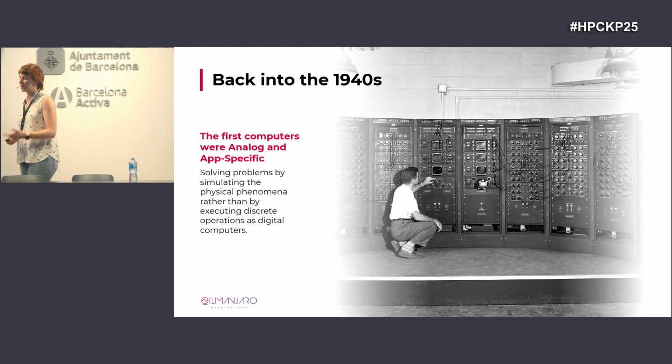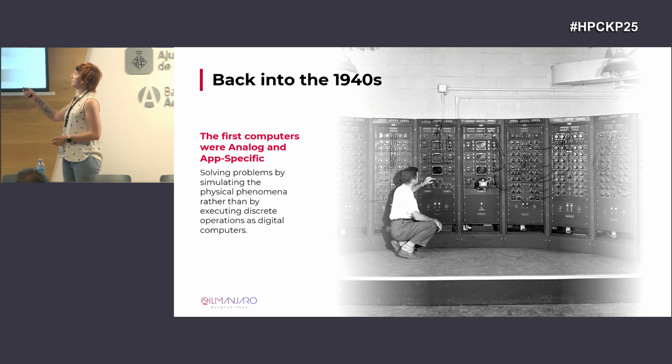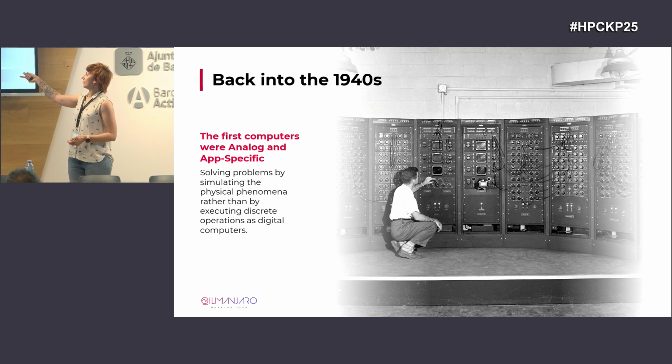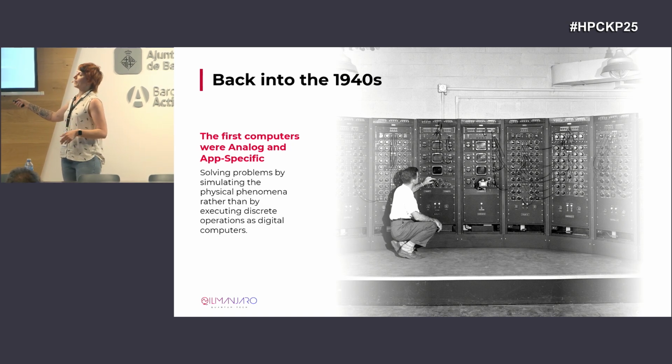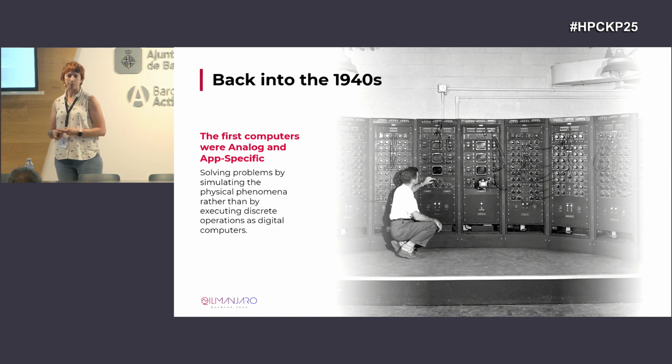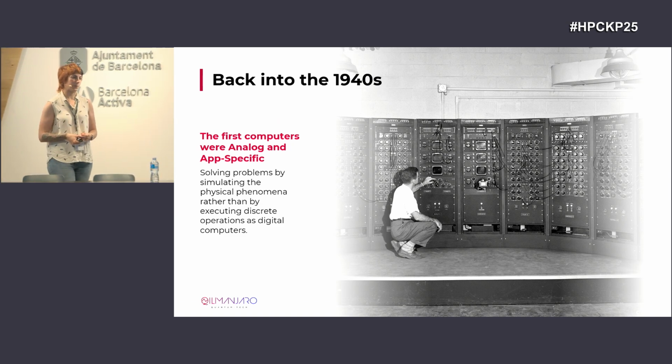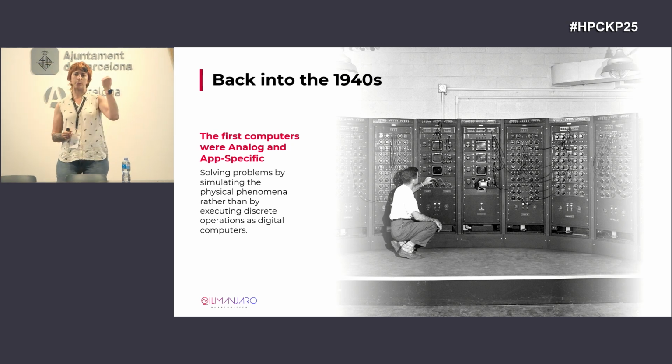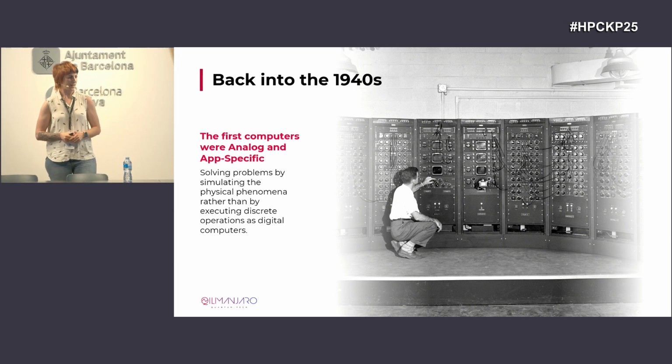We have another reason to move in that way, which is just repeating history. Half a century ago, we know because we were not even born, there were these big quantum computers that were analog and app-specific, and it ended up in the small chips that we can wear on our arm.